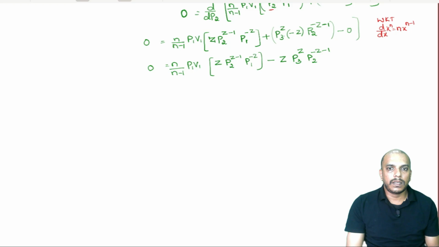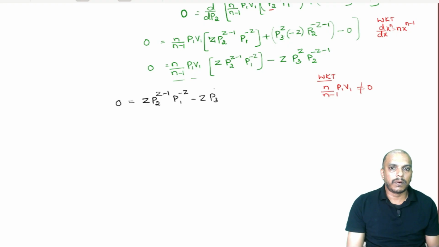And we know that n by n minus 1 and P1 V1 cannot be equal to 0. So only this term must be equal to 0, that is z P2 power z minus 1 P1 power minus z minus z P3 power z P2 power minus z minus 1.